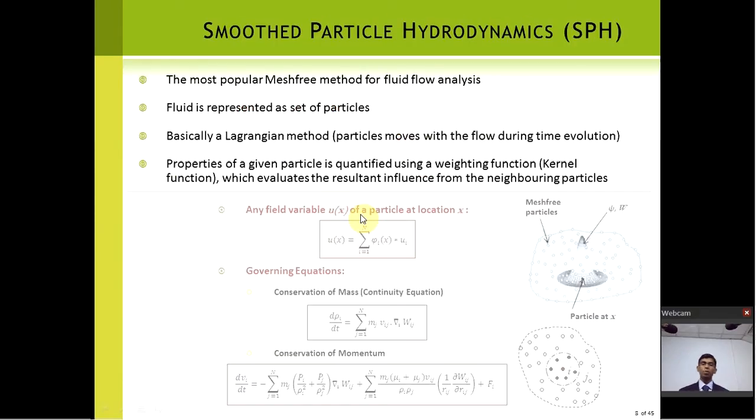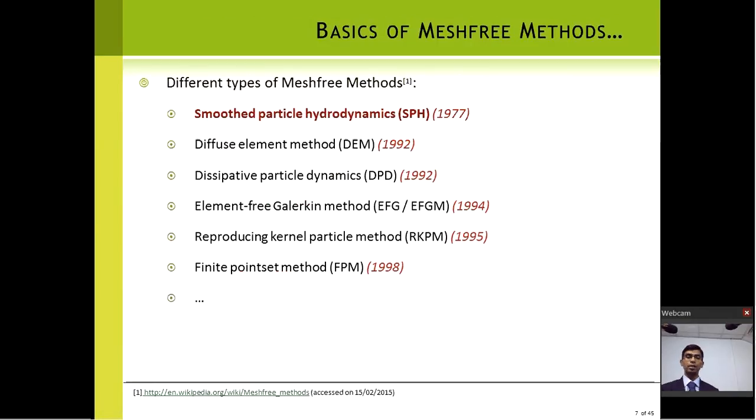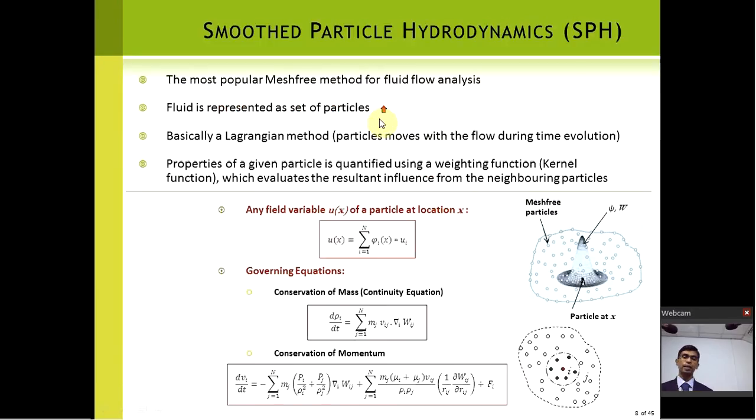We'll go into some more details. Smooth particle hydrodynamics, as I mentioned, is the most matured one, so I'll brief you on this. It is basically for fluid flow analysis, and we use a set of particles to represent the domain and the properties.